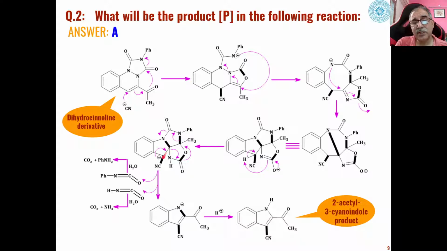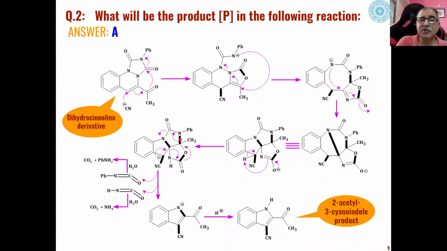This will create a carbon-carbon double bond at this place to aromatize the ring, and this carbon-nitrogen single bond will break, and this will form a carbon-nitrogen double bond, and this carbon-oxygen double bond will break, and this will create a carbon-oxygen double bond, so a carbonyl group will be generated.